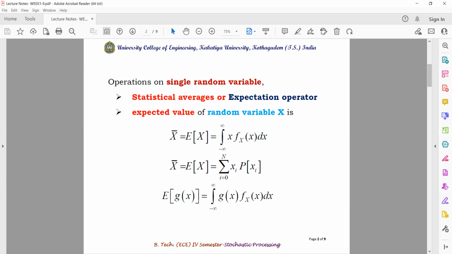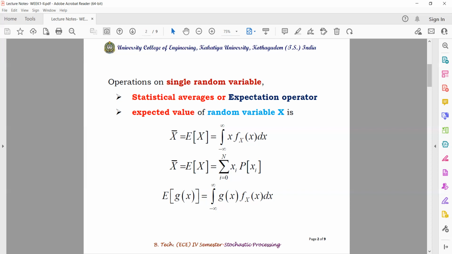At the receiver side, a decision device will be there. If the incoming voltage is greater than a threshold value of 2.5 volts, the decision will be taken in favor of logic 1. If the incoming voltage is less than 2.5 volts, the decision will be taken in favor of logic 0.